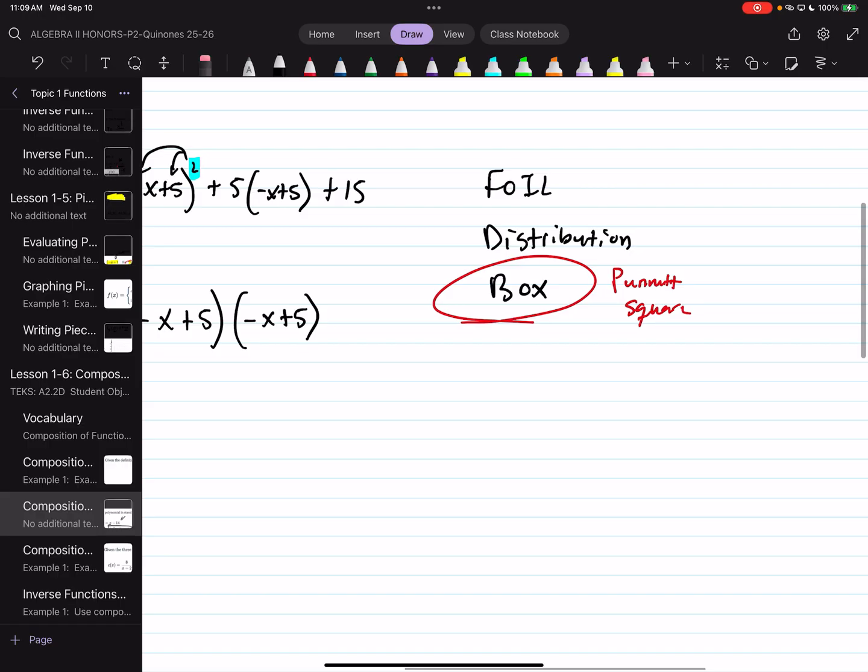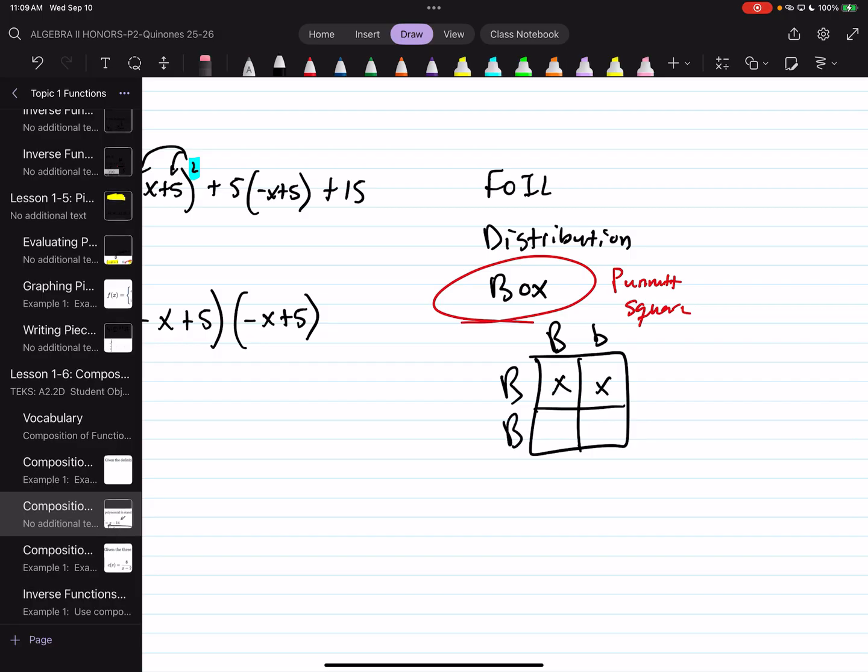For those of you taking biology, one parent has a recessive gene, the other parent has dominant genes, and then each square is the multiplication of these genes. It's the same thing with algebra, the same thing with equations. So here's how we do it using the box method.